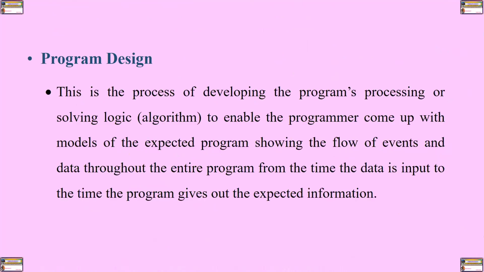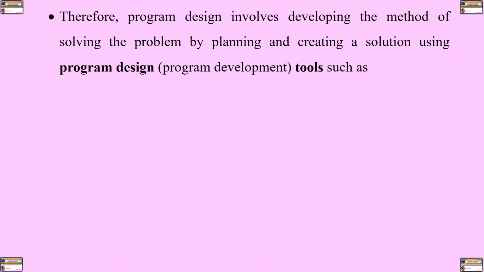So what is program design? Program design is the process of developing the program's processing or solving logic or algorithm to enable the programmer to come up with modules of the expected program, showing the flow of events and data throughout the entire program, from the time the data is input to the program, to the time the program gives out the expected information.